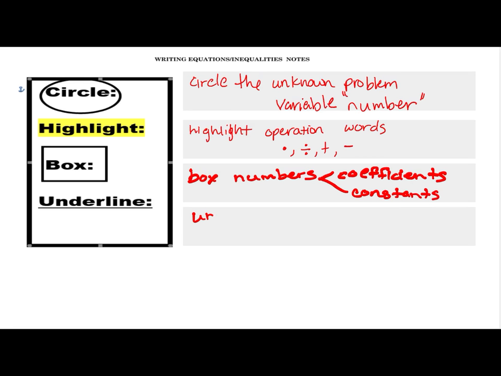And then we're going to underline our end result words. So these are our words that mean equals, greater than, less than or equal to, or greater than or equal to. So we're going to use this as we go on.